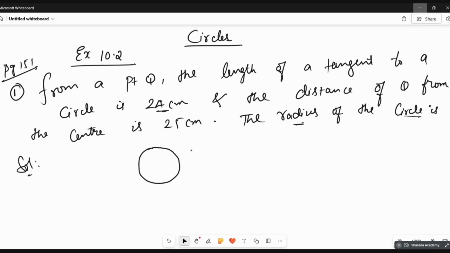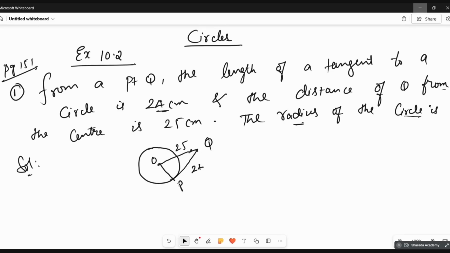Q is some external point, and the length of the tangent to a circle is given 24 centimeter, and distance of Q from the center is 25. Tangent is 24. Distance of Q from the center is 25. You have to find the radius.